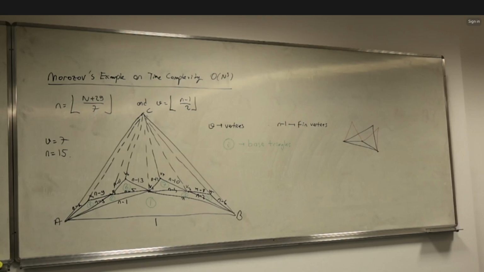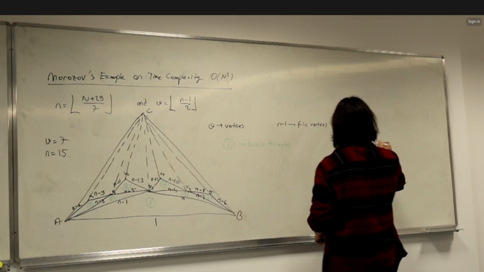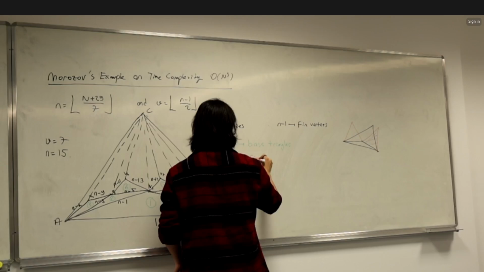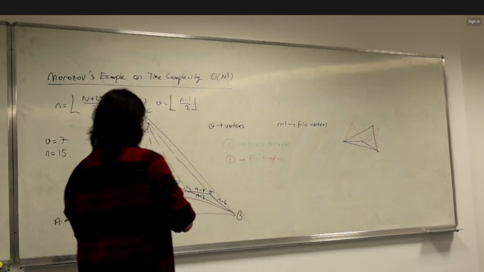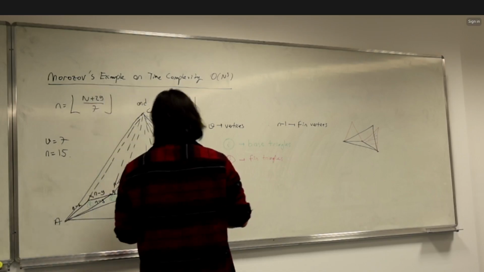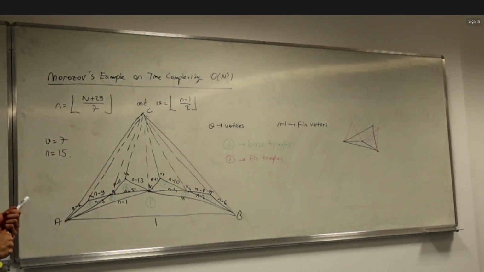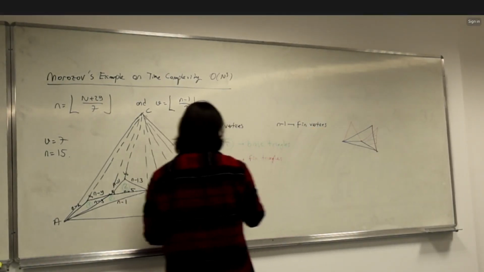So he also denotes these as fin triangles. Did I forget anything? No. We also put minus k.